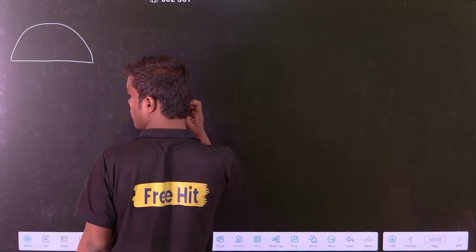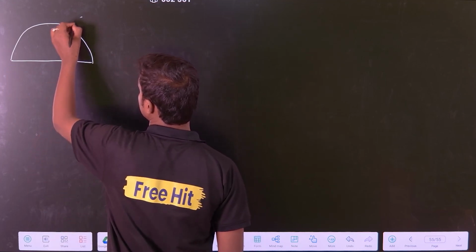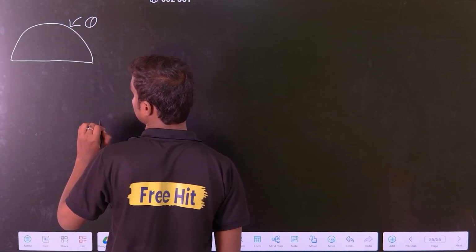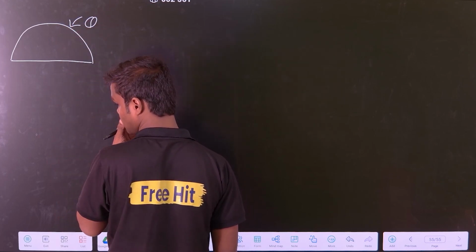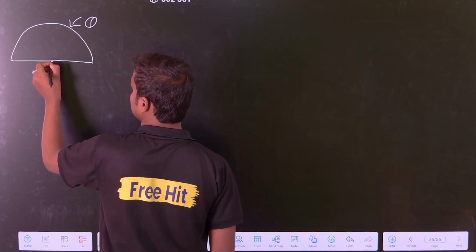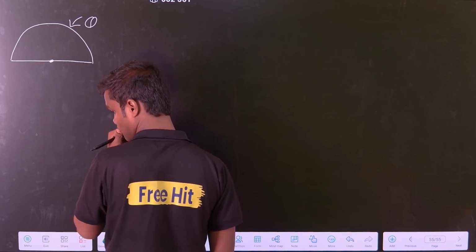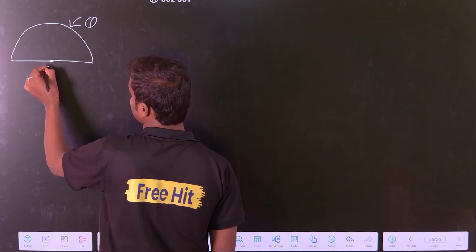Let us take a hemisphere, and suppose the charge on this hemisphere is q. The radius is r, obviously, and suppose at the center I have another charge minus q.